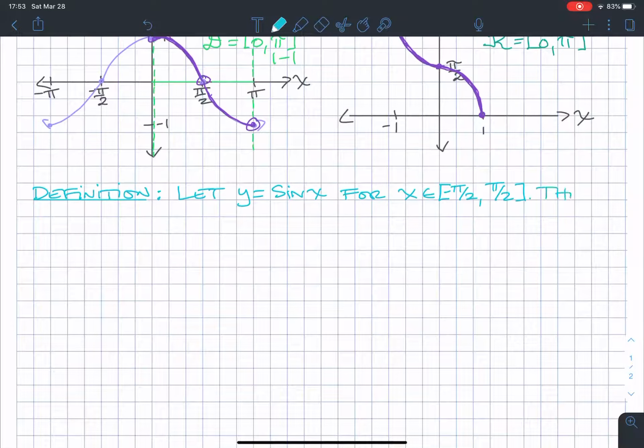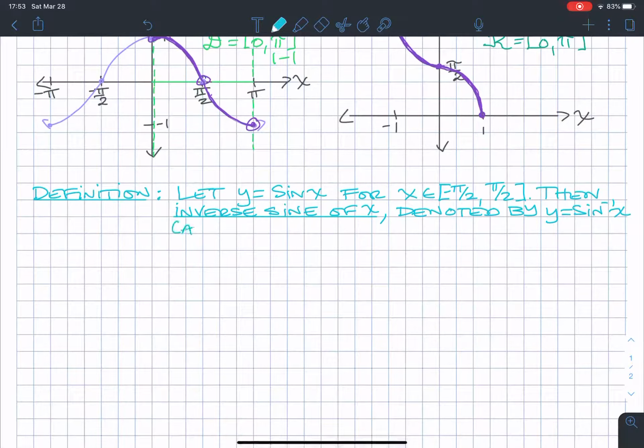Then inverse sine of x, that's what we're defining, denoted by y is equal to sine, and notice the inverse comes before the x.